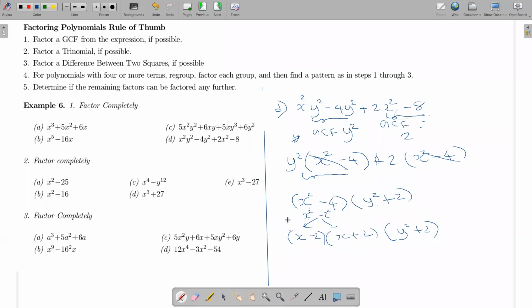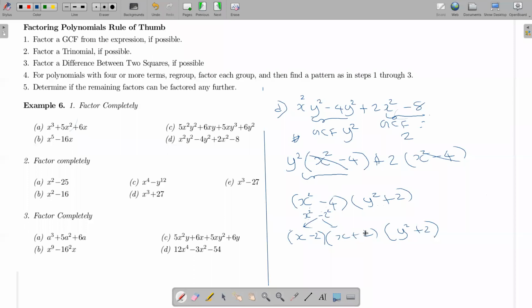So the thing is, when we decide we cannot factor further, we stop. But sometimes we might miss a factor. I'll go back to that one and explain that one at the end.